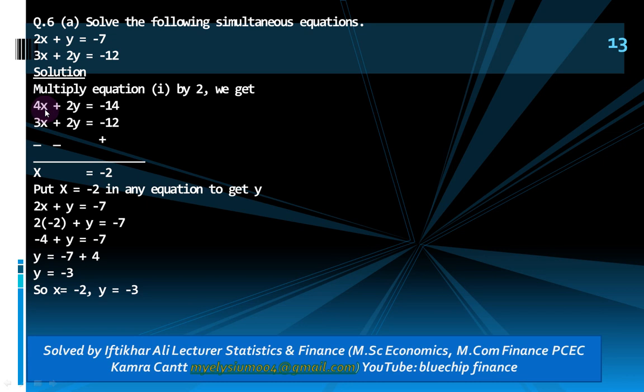So after the multiplication, first equation by 2, the result is 4x plus 2y equals to minus 14. And the second equation is 3x plus 2y equals to minus 12. Just I am changing the sign to cancel y. So plus will be only cancelled with minus.